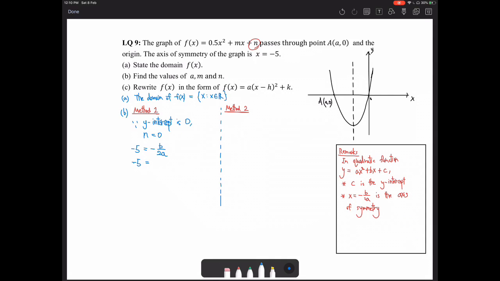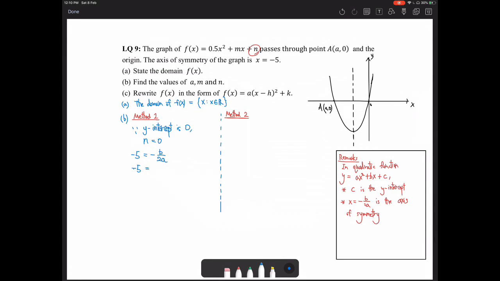What is a? b is m. a is just 0.5, so 2 times 0.5 is 1. So -5 equals -b over 1, so b is equal to 5. Sorry, b is m. So m is equal to 5. Okay, now we've got m.